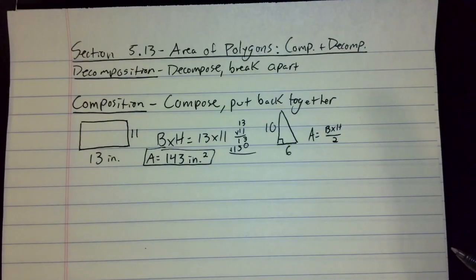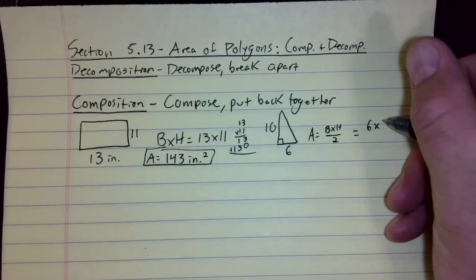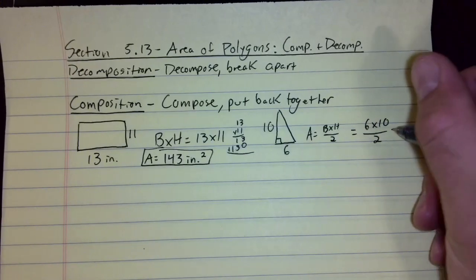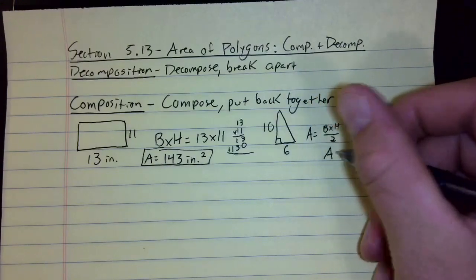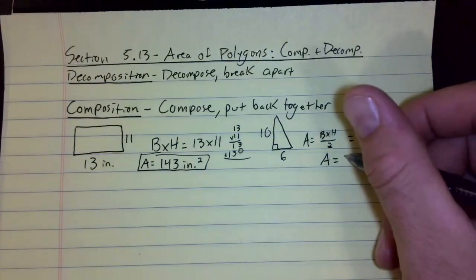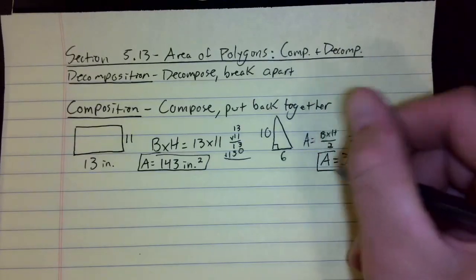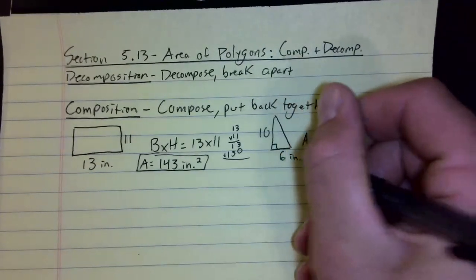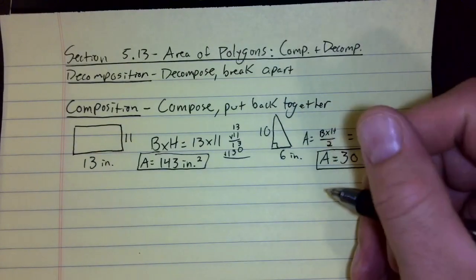So our base is 6, our height is 10, and we divide that by 2. That gives you 60 divided by 2, and your area is 30 inches squared. That's it.